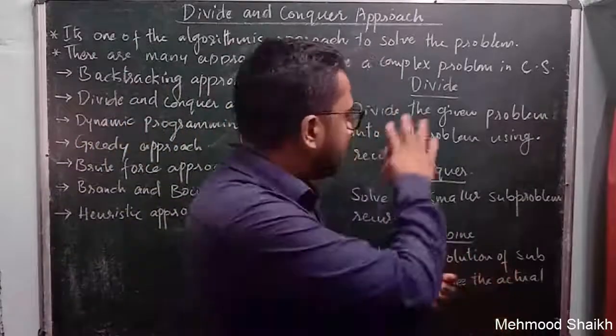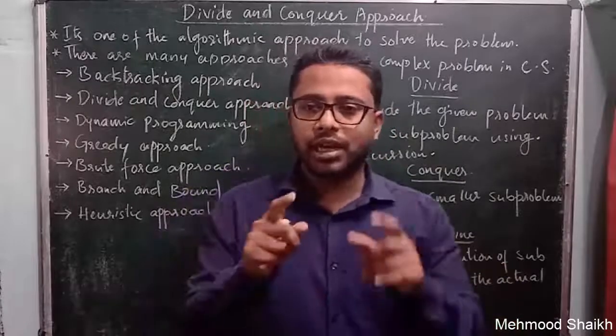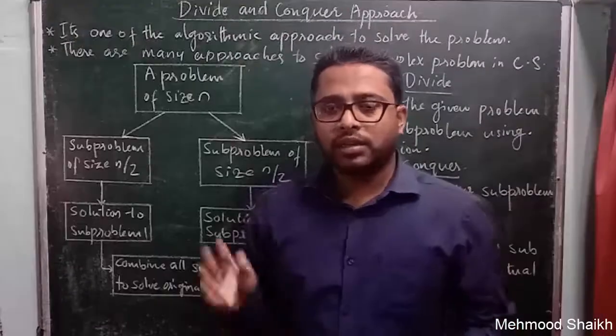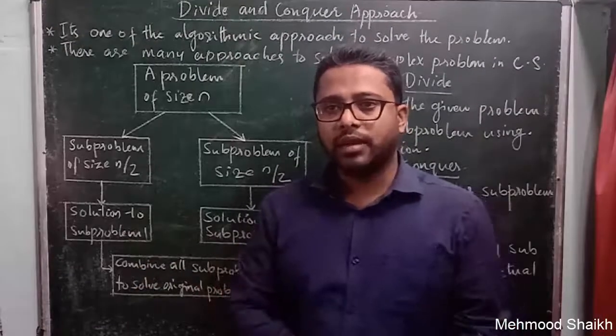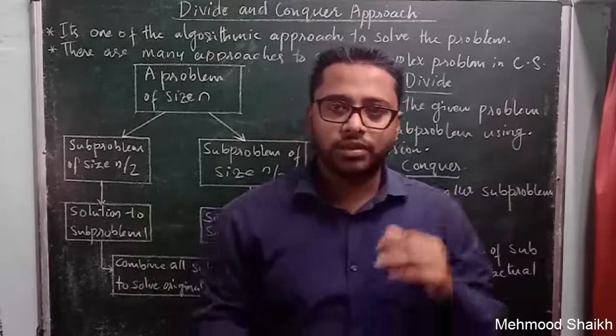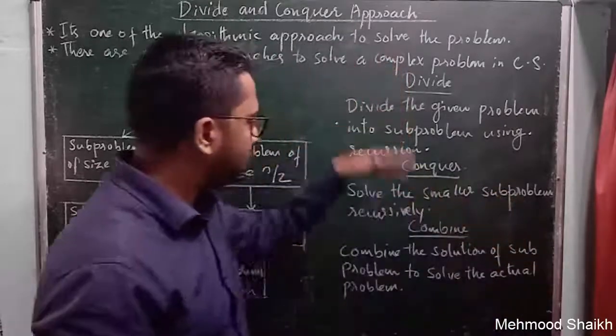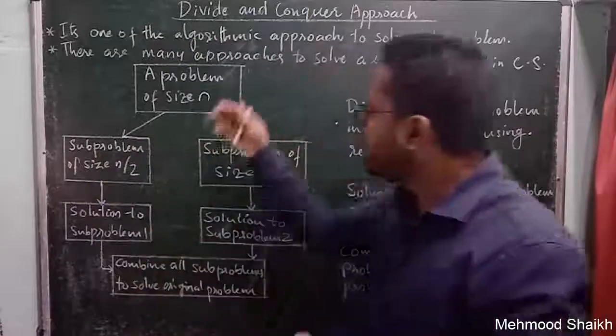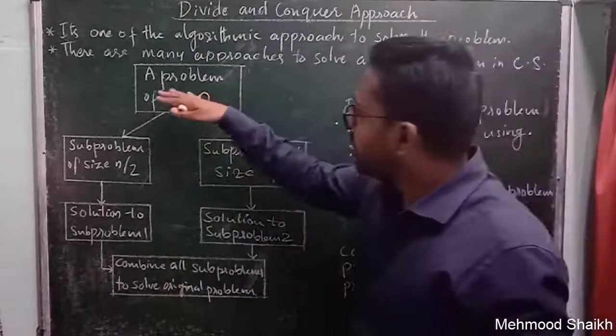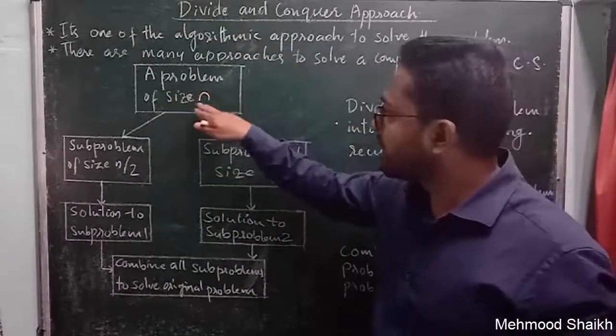We will further understand this concept with the help of a diagram. On the board I have drawn a diagram. At the top I have mentioned a problem of size n.